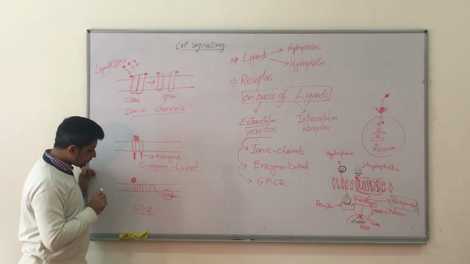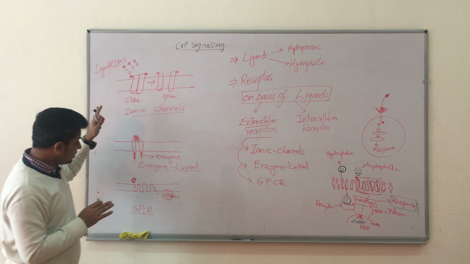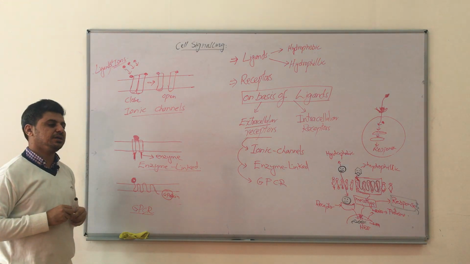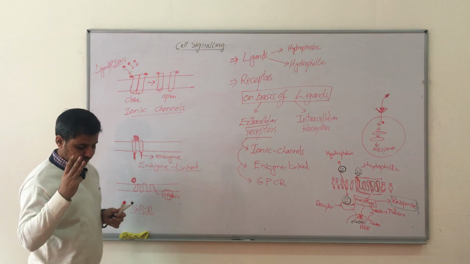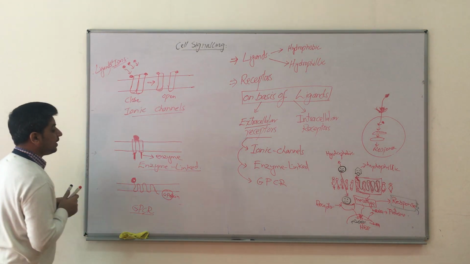And these are the 3 types of receptors. In these receptors, you will find 3 things that are very common. What are those things?